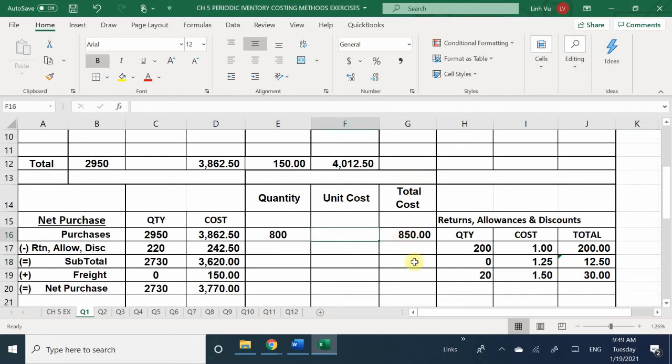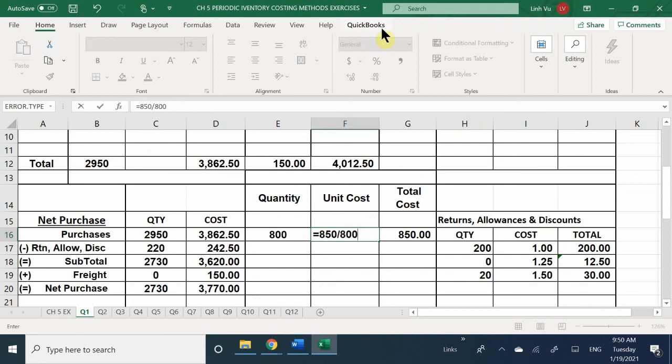Okay? Now this is where you have to recalculate your total cost. So in this case, I have 850 divided by 800. So my unit cost, or my cost per item, is going to be $1.0625.